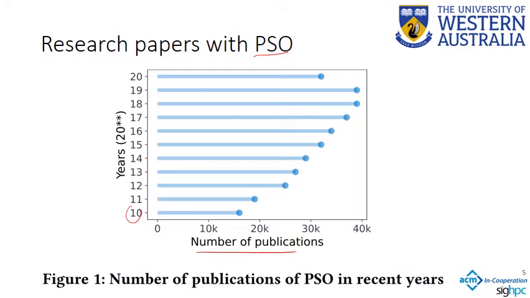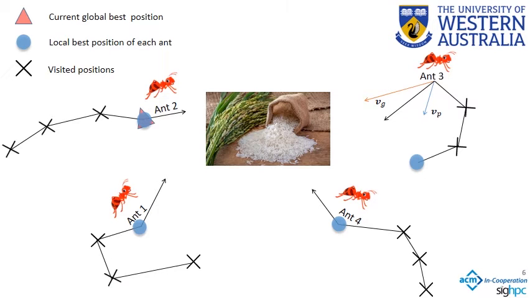This is an example of swarm intelligence in the context of ants. There is the current global best position for the whole swarm and also a local best position for each particle, and a list of visited positions. Each ant always has its own local best position.